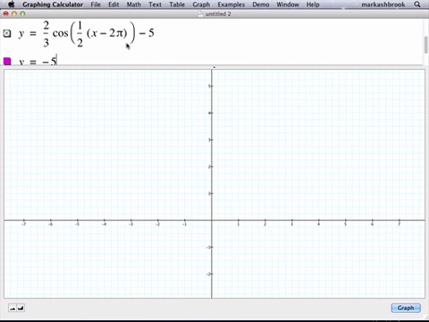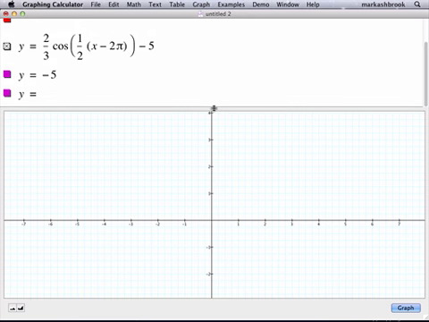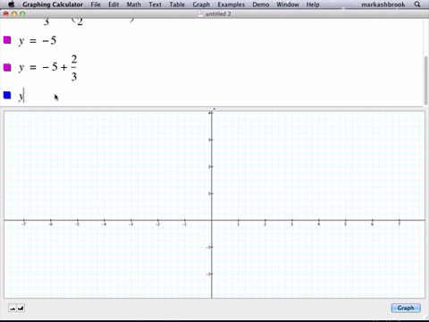What will the max be? Or how would we get that? Our midline's here at -5. What is the amplitude? The amplitude is 2/3. So if we're at -5, to get to the max from there, we'll go up 2/3 and the min down 2/3.